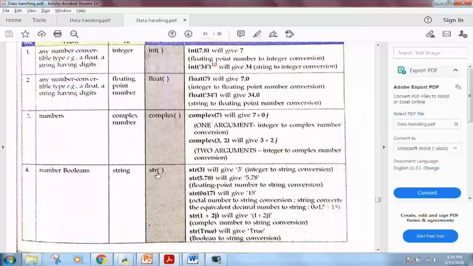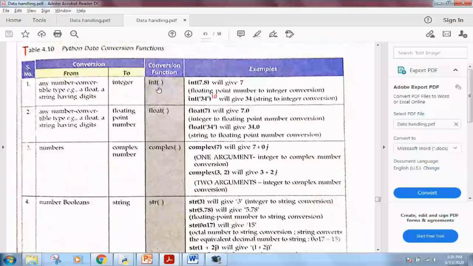All these functions explicitly convert values of one data type to another. For example, int converts floating numbers to integers. 7.8 will be given 7, and 7.9 will also be converted into 7.